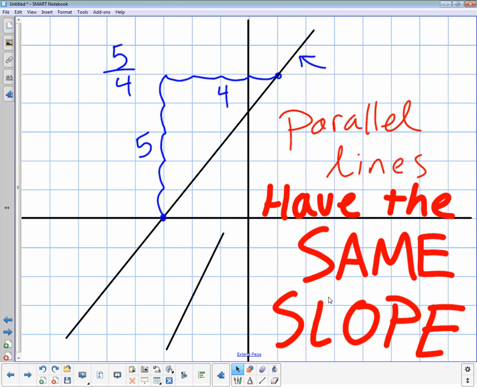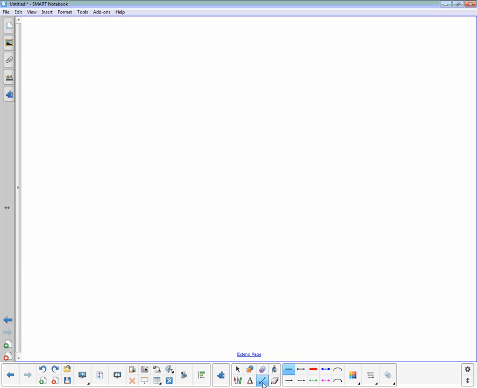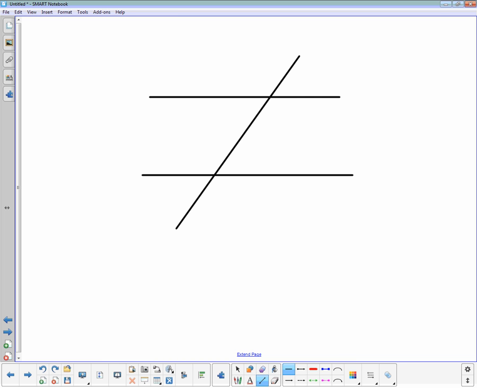All right. Now here's what we have to do: we have to organize ourselves about how parallel lines work. Some vocabulary. This line that crosses over your parallel lines is called the transversal.